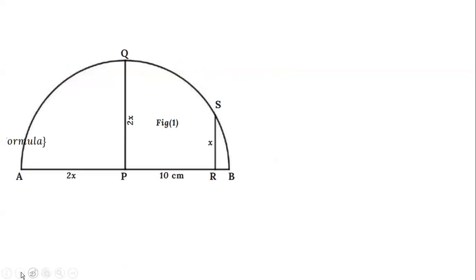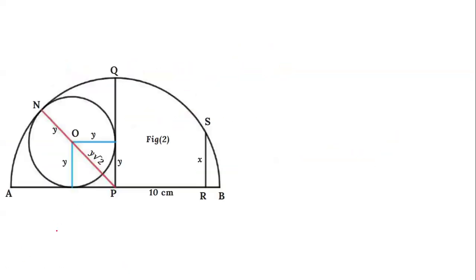Now you see this figure. In this figure we have to find the radius of this circle. This is the center and this is the tangent AP. If we draw a perpendicular from the center to this tangent, this is 90 degrees and this length is equal to the radius.